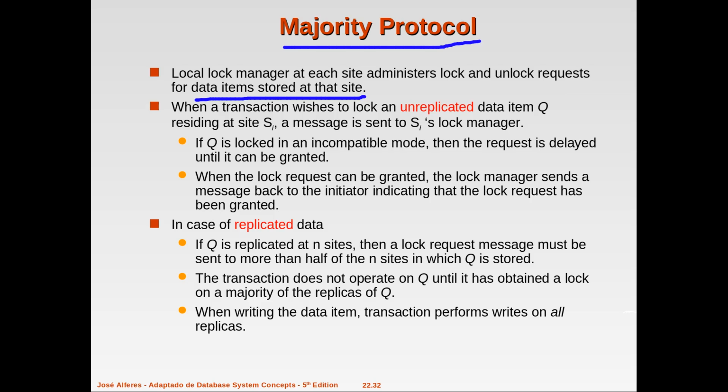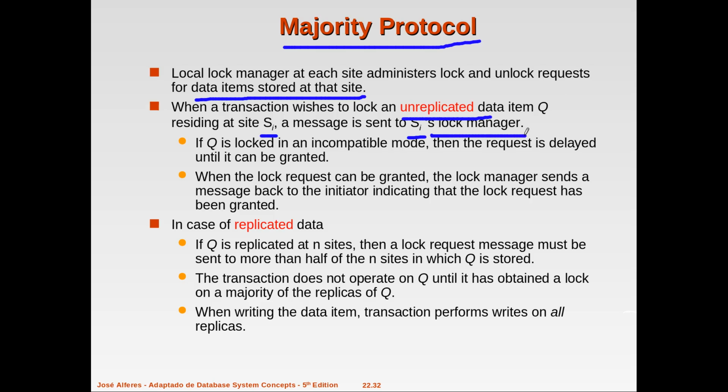But here, all the items present in one particular site are controlled by that single site. So when a transaction wishes to lock an unreplicated data item residing at one site, a message is sent to that particular site and its lock manager.